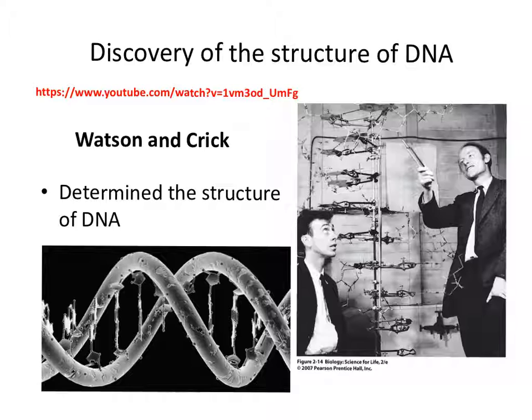The discovery of the structure of DNA, you can watch this YouTube if you want, right there. It's a pretty interesting story. It's about 15 minutes long. People had been searching for the molecular basis for inheritance for a long time.